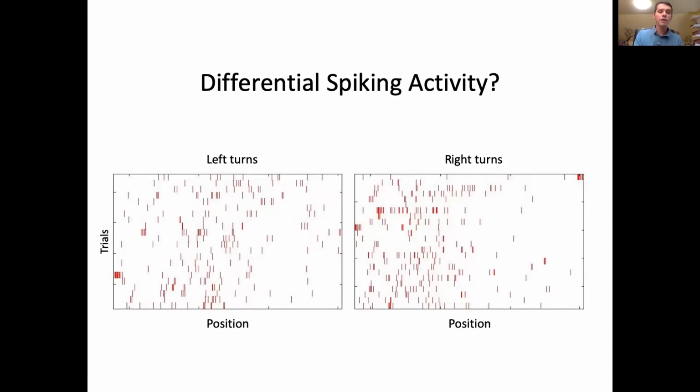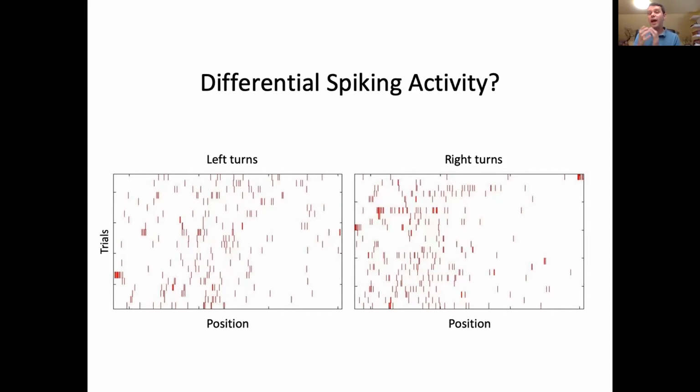And if you just count the number of events before left turns and the number of events before right turns, in this example, there isn't much difference. Certainly not enough, just by looking at the number of events, to say with confidence that there's a significant difference between left turns and right turns. However, you may notice that it does look like there are different patterns of events preceding left turns and right turns in a case like this.